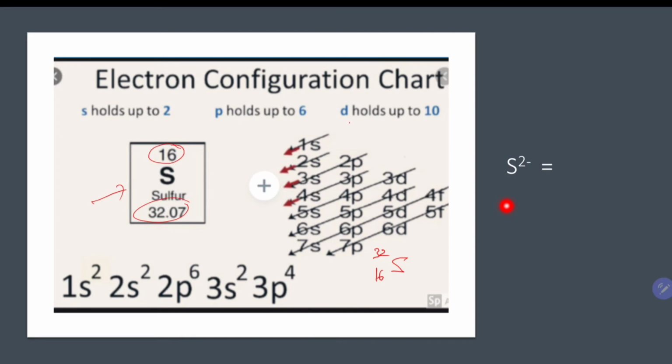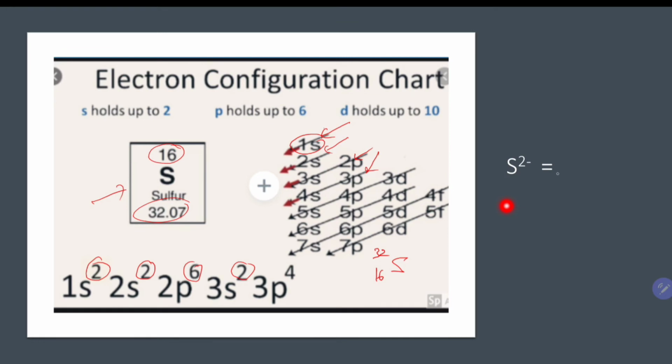In 1s there are 2. Continue with 2s, there are 2. Then 2p6, 3s2, and the rest, 4, in 3p4 here. So the total number is 16 electrons.